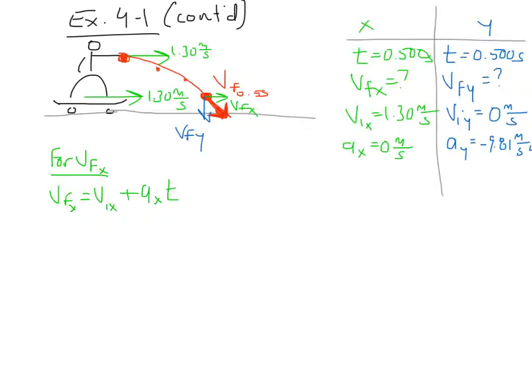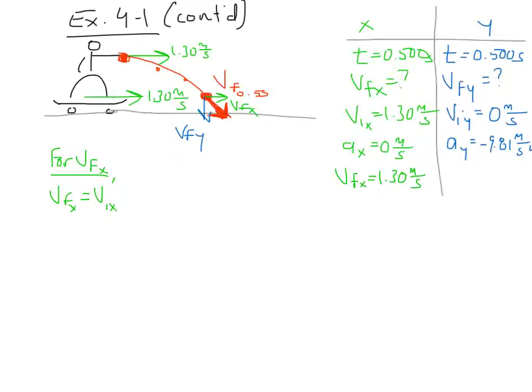The acceleration in the x direction is, of course, 0, which is why that whole thing usually gets dropped out anyway. So there's no acceleration in the x direction. We do know the final velocity in the x direction. That's the same thing as initial. V final in the x has to be 1.30 meters per second. Hey, that was easy.